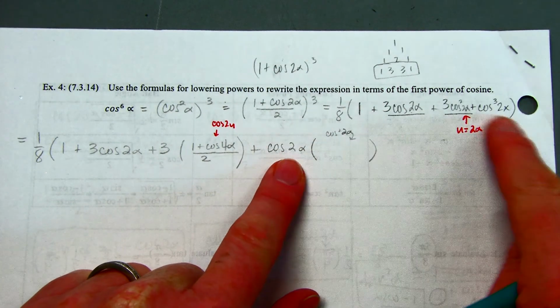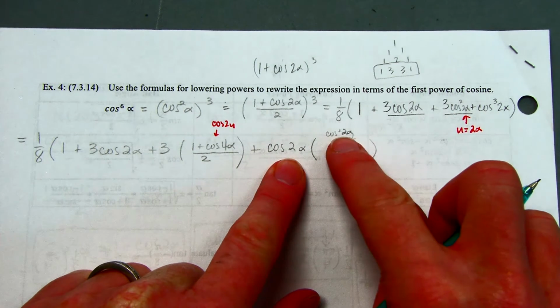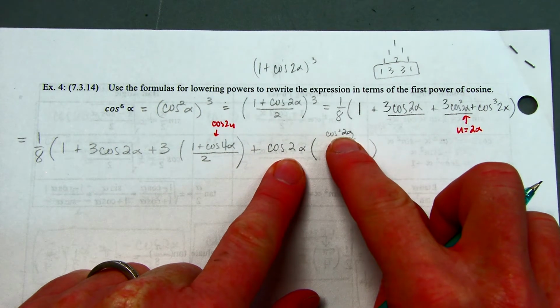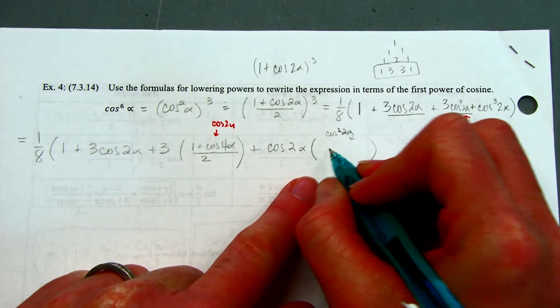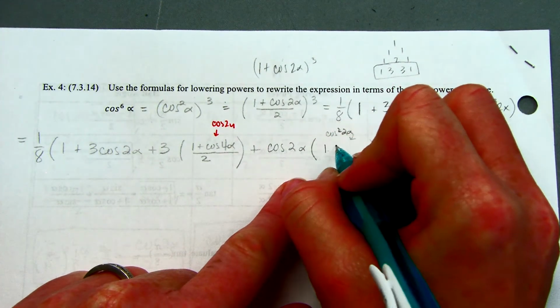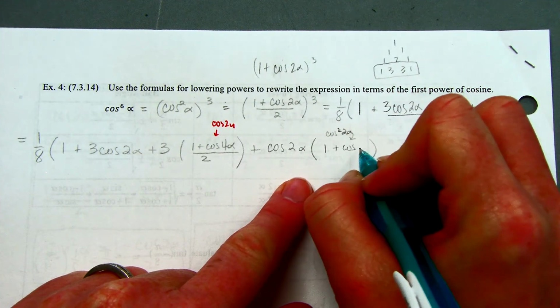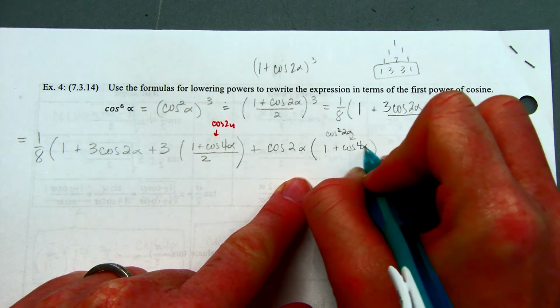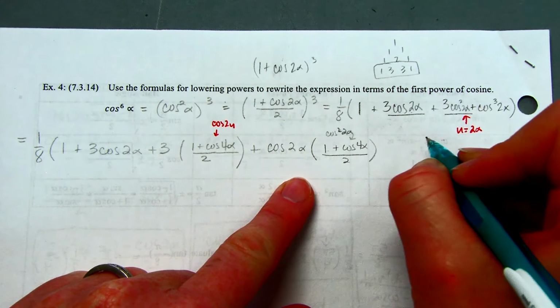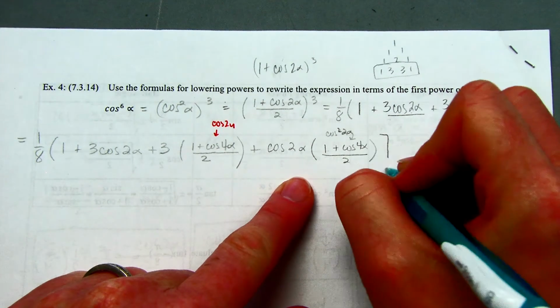Those two things multiply to be cosine cubed, so I'm breaking it down. Inside here, we put 1 plus cosine, alpha, 2 alpha, or 4 alpha? 4 alpha again, all over 2. And there's really a big bracket here.